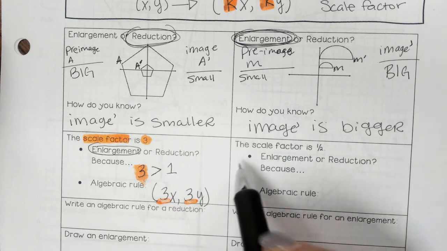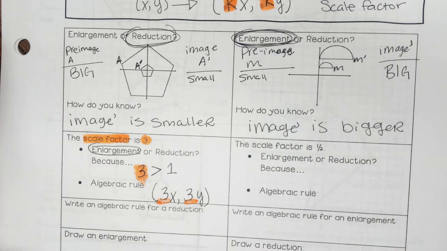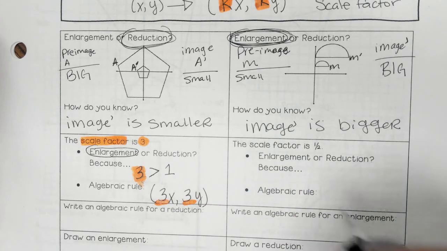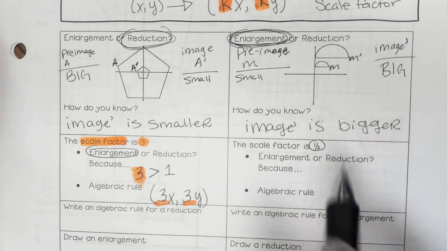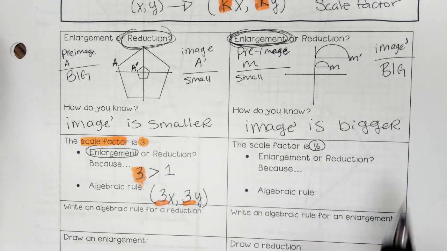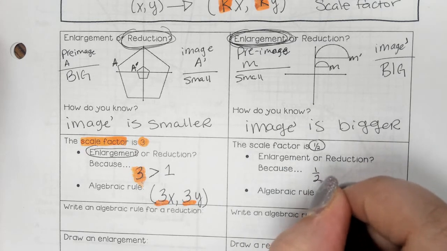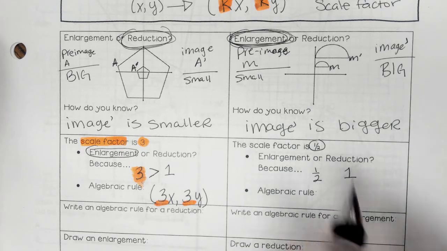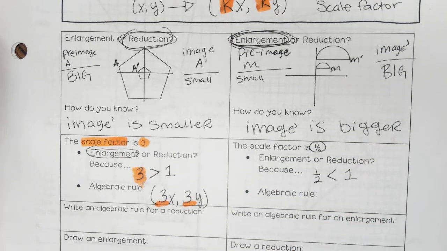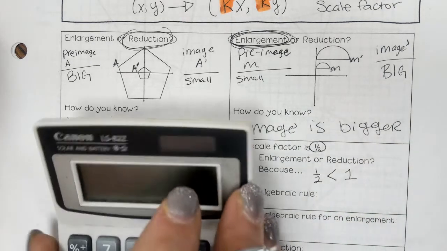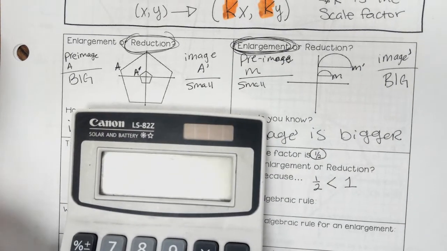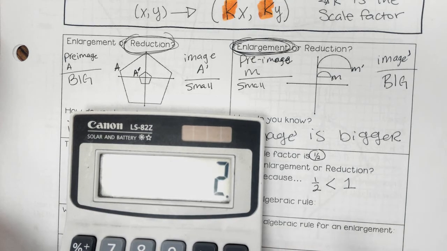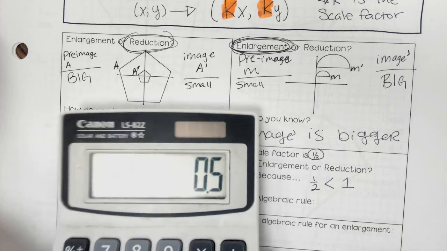And the second one has a scale factor of 1/2. To figure out if this is an enlargement or a reduction, we compare 1/2 and 1. 1/2 is smaller than 1, and you can verify that if you don't like working with fractions. You can type this in on the calculator to see that 1 divided by 2 is just 0.5.